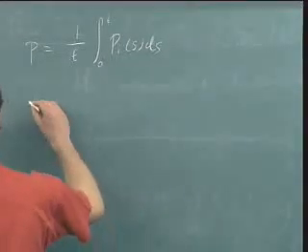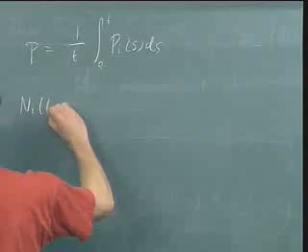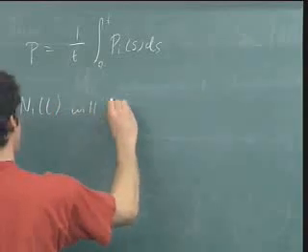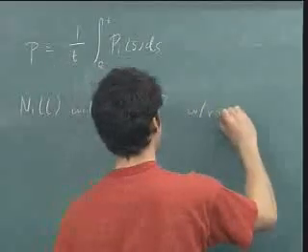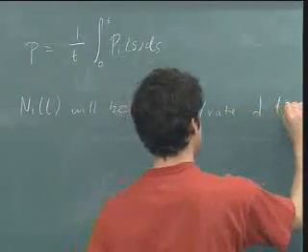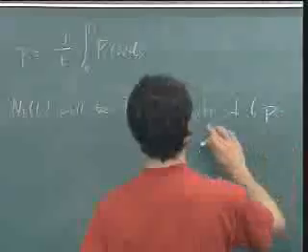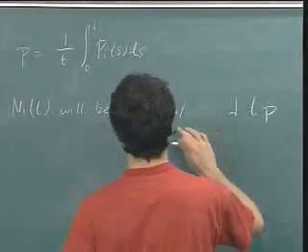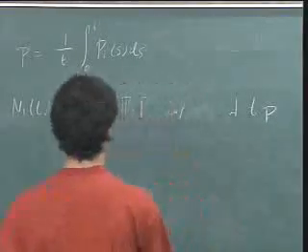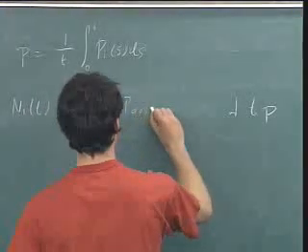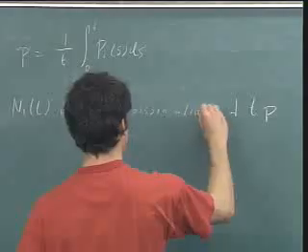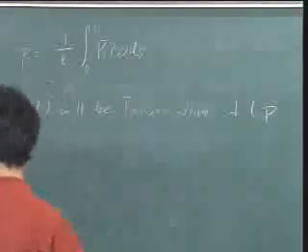Then N_i(t) will be a Poisson random variable with rate lambda t times p, because this is what proposition 5.2 says.